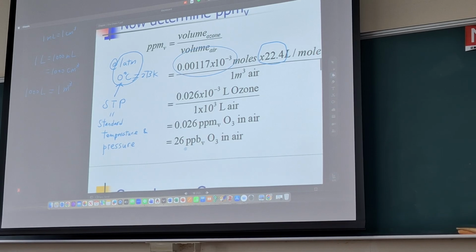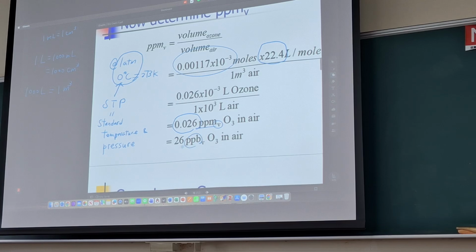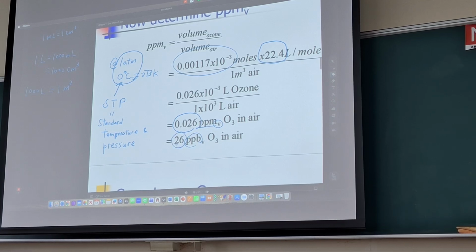After that we can get 0.026 ppm. Don't forget about the subscript V here. And if you want to convert into ppb, the value is going to be 26.